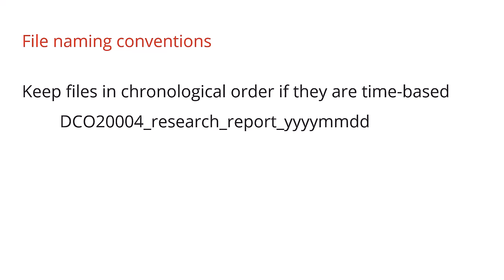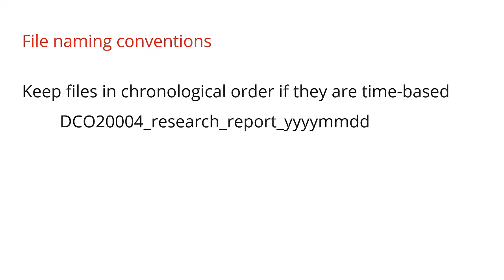And so this is a really good system to use. And it's the example that I showed you just before. So at the end of the file, if you're putting the date, the way to do that is standard in computer software is year. So 4 numbers for the year, 2 numbers for the month, and 2 numbers for the day. So you start off big and you get smaller.